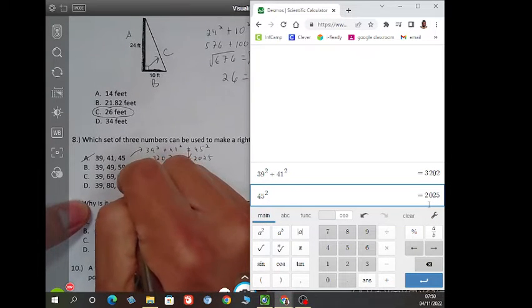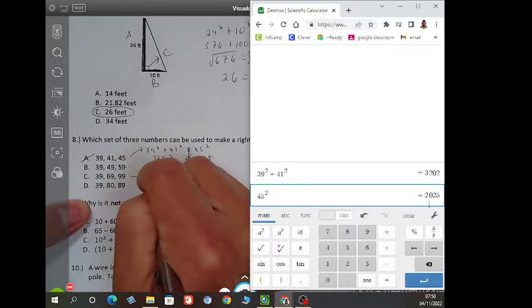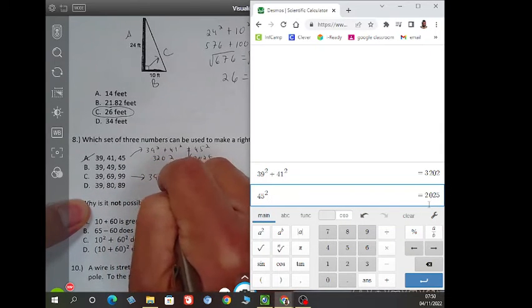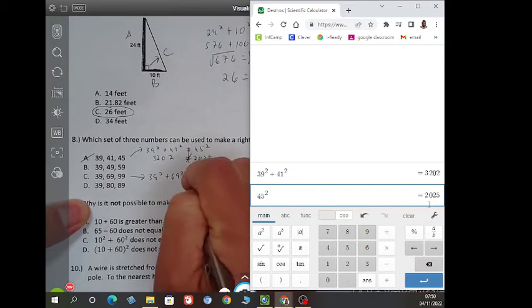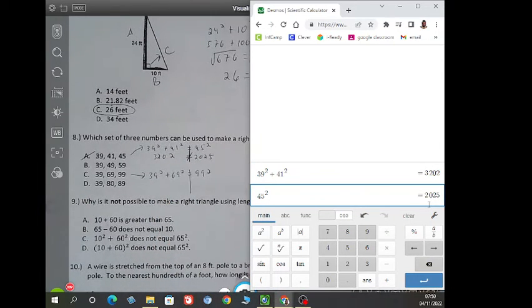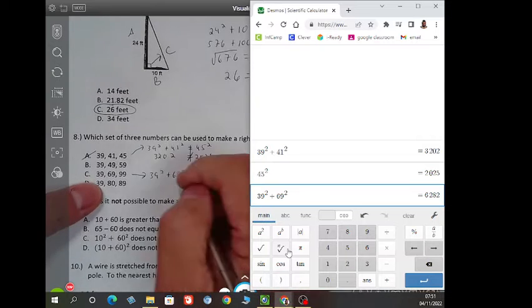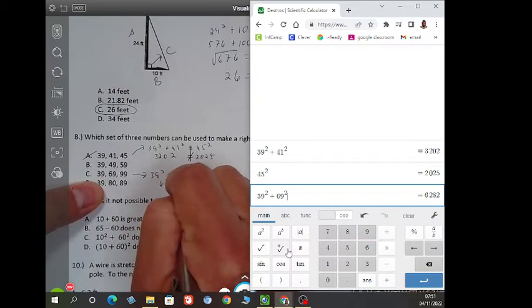Let's test out C. I'm going to test 39 squared plus 69 squared equals 99 squared. 39 squared plus 69 squared gives me 6282.